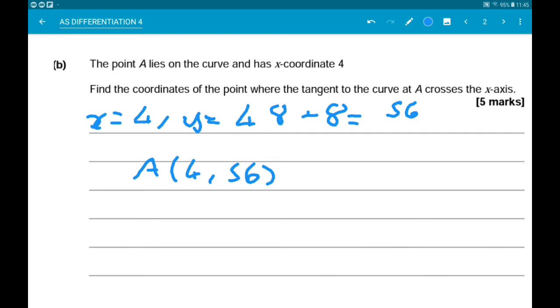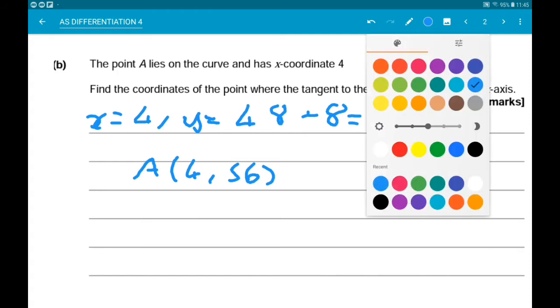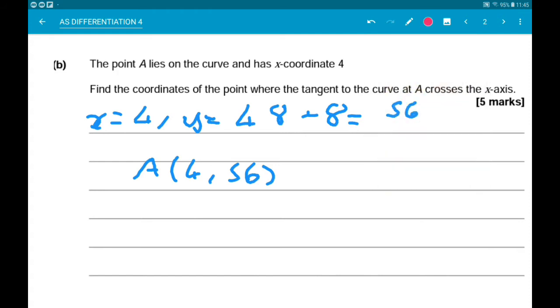Okay, next I'm going to find the gradient of the tangent. So when x is 4, dy by dx is going to be 9 times root 4, so that's 18, minus 32 over 4 squared, so that's 32 over 16, so that's 2.